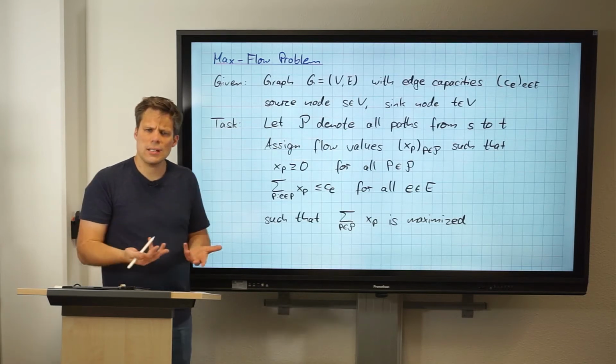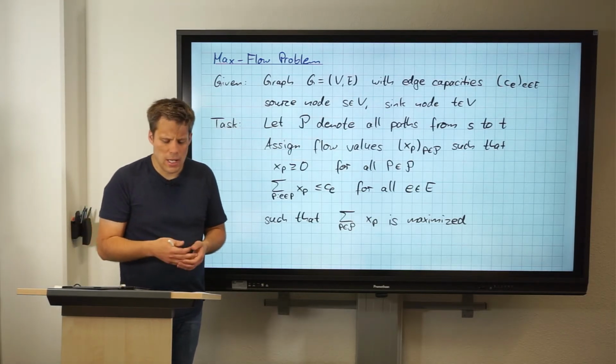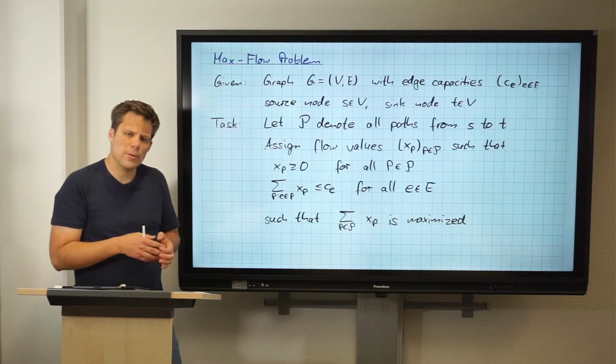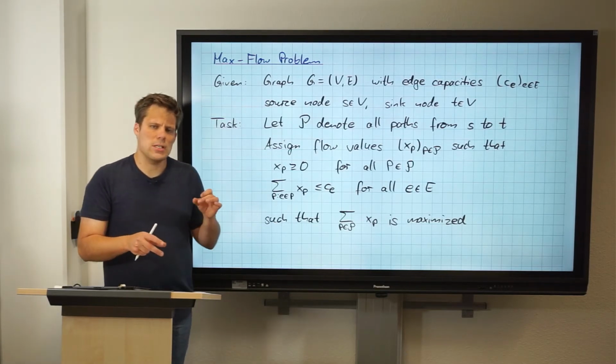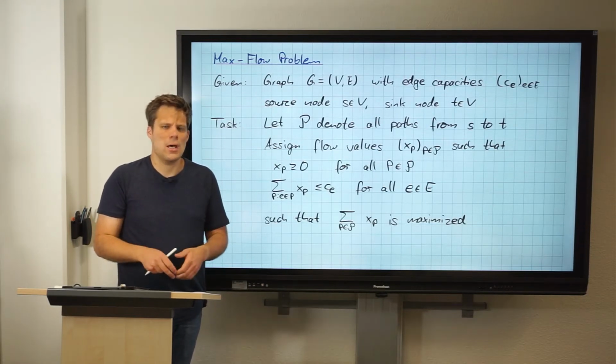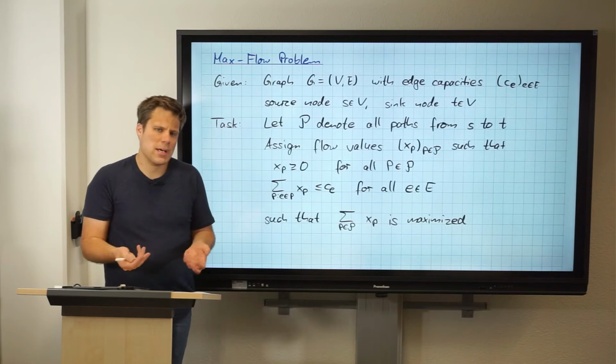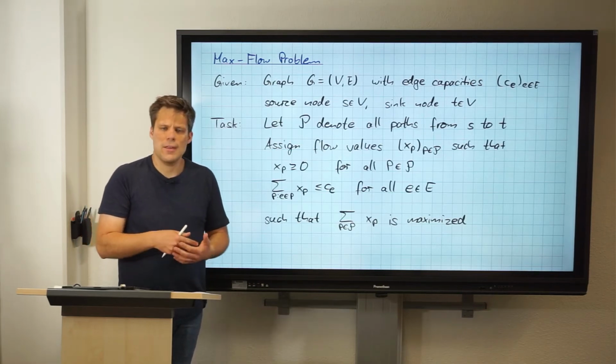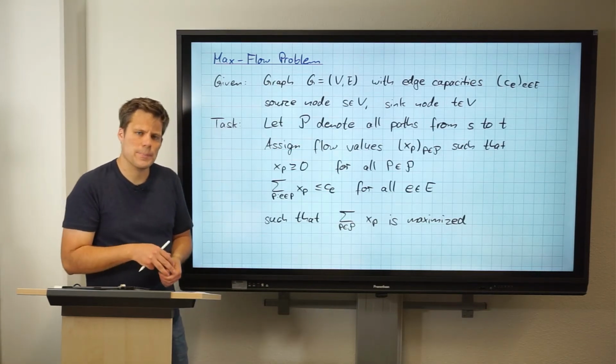So this is exactly what you also know from the Edmonds-Karp algorithm, for example, where you're always choosing the shortest path in the residual network from the source to the sink, as long as there is such a path, and when there's no further path, then you have found your maximum flow.